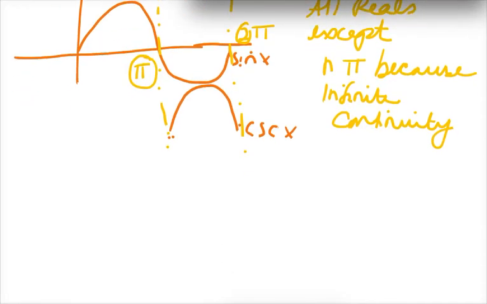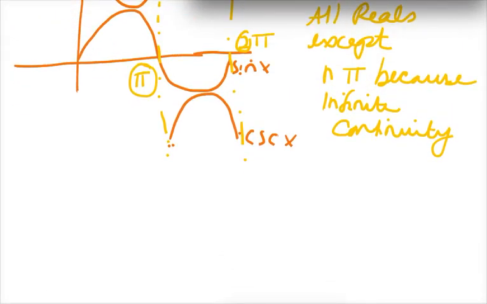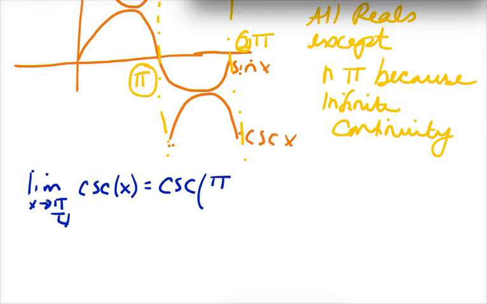I want to keep the graph in view here. So let me grab another color. For the limit as x approaches pi over 4 of cosecant, you know it's continuous at all points except for n pi. So therefore you just plug it in by substitution and evaluate it.